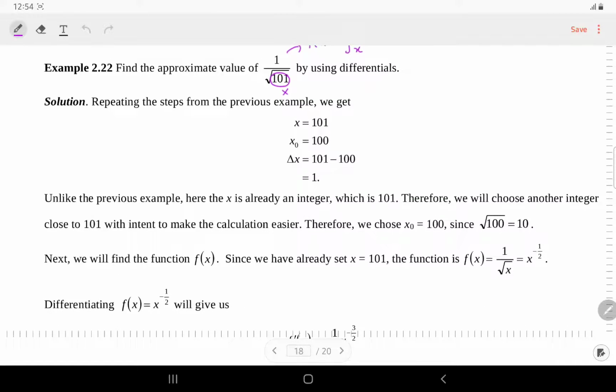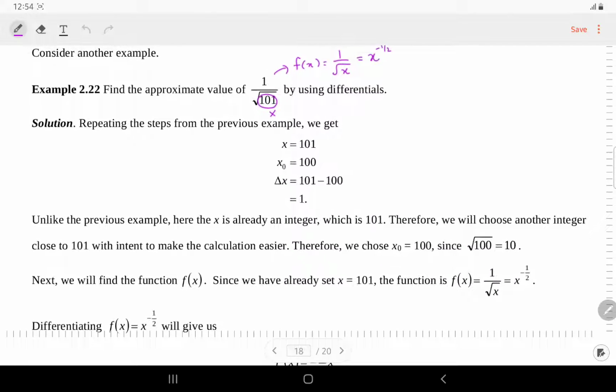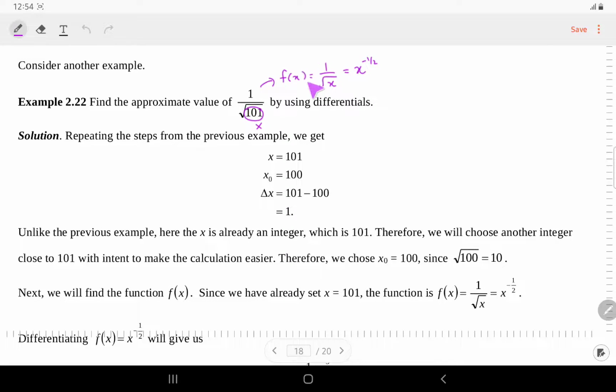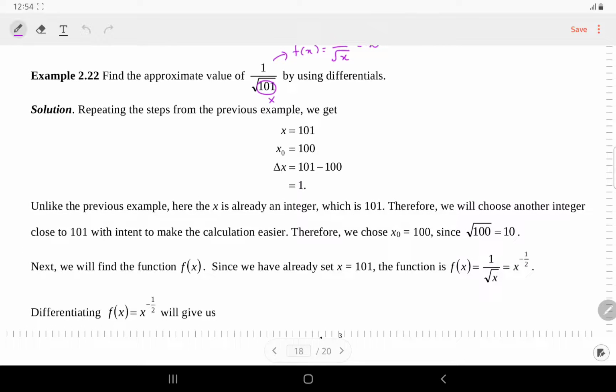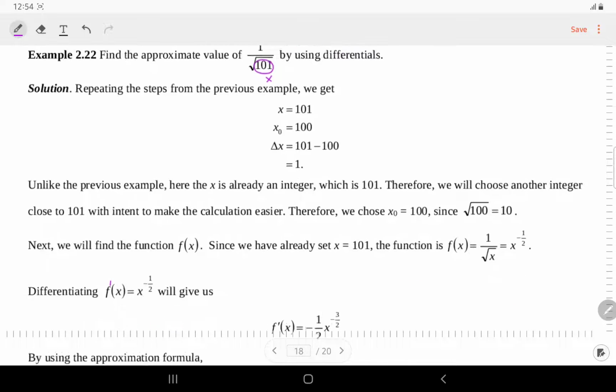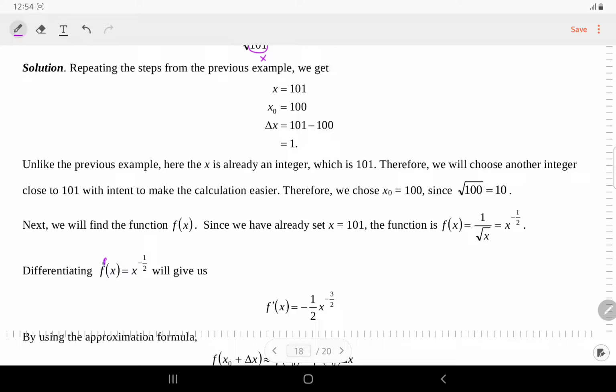Just now I said that our function will be like this. And then we need to find f prime x, so differentiate this one. Differentiating f(x), we will get f prime x equals negative 1 over 2 x power of negative 3 over 2.